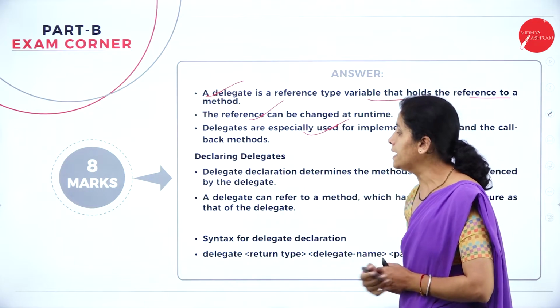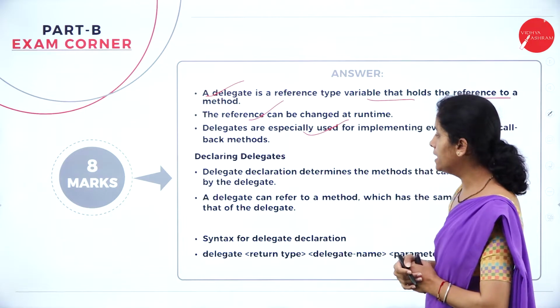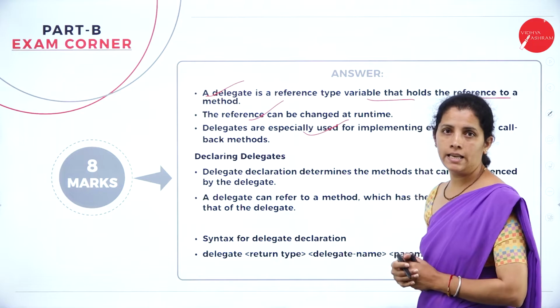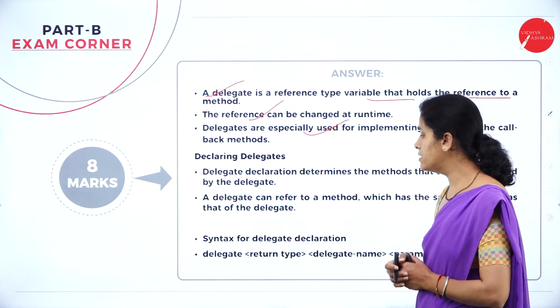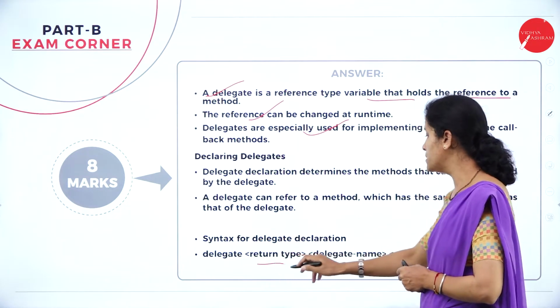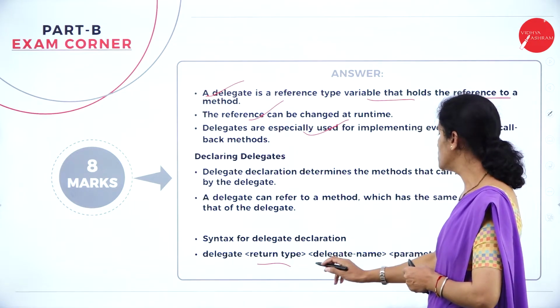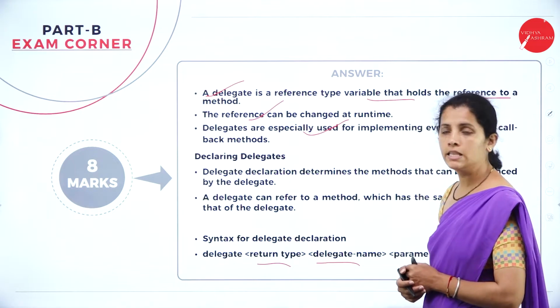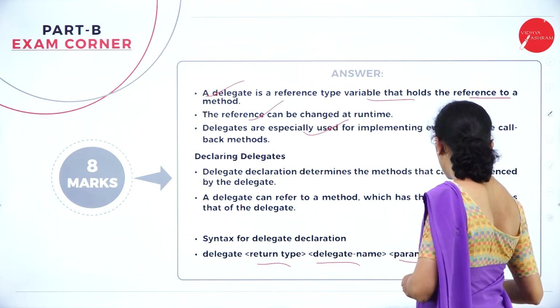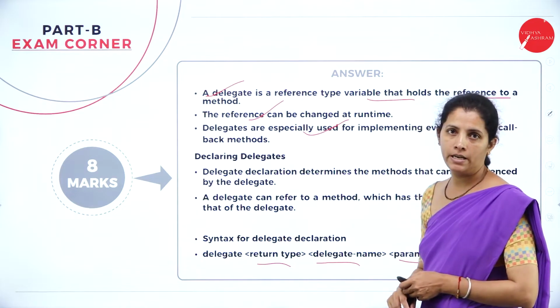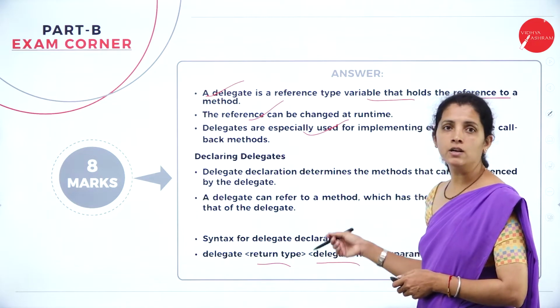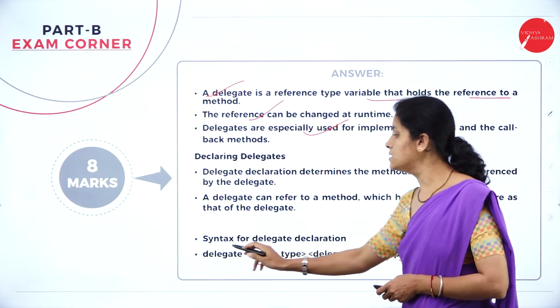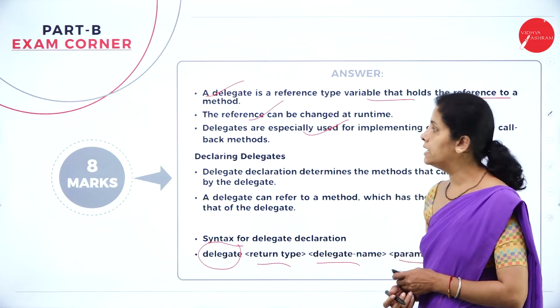So, declaring delegates. How can I declare delegates? To declare delegates, I want to use the keyword delegate, and I want to specify the return type as well as the delegate name and the parameters. So dear student, to define a delegate, I must use the keyword delegate.